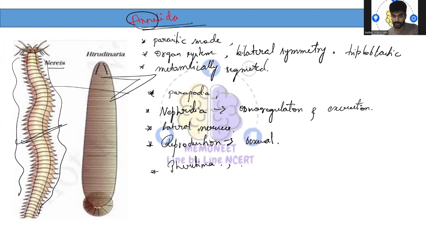Another example could be Hirudinaria, which is actually called a blood sucking leech.